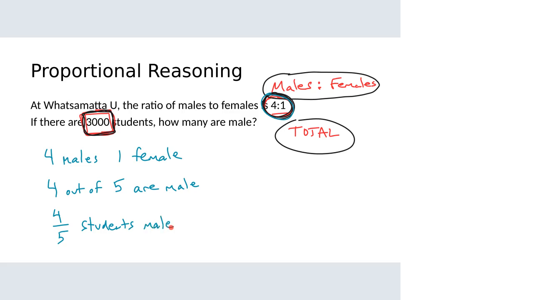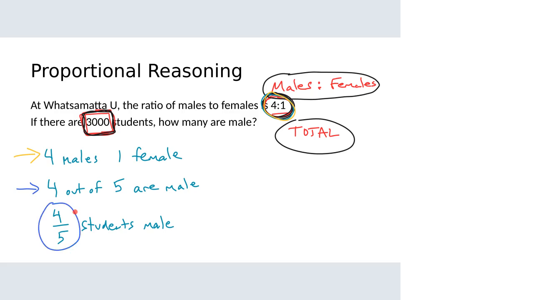And now I'm at a place where, okay, that first information I was given, the idea that the ratio is 4-1, there's nothing about the total student body in there. But I can get there by using this information to go one step forward and say, okay, if the ratio of males to females is 4-1, then that means 4 out of 5 are males, or 4/5 of the students are male.